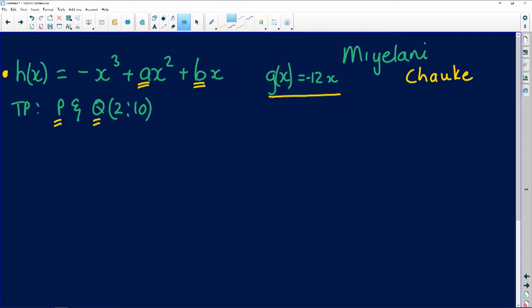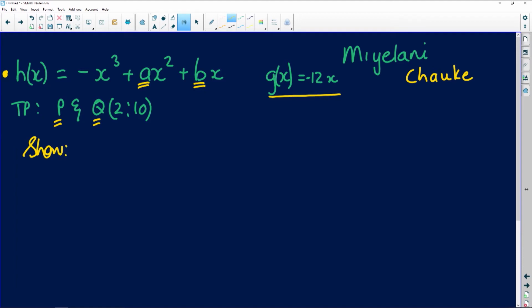Now the first part, and this is the beautiful part of this question, is they ask you to show that a is 3 over 2 and that b is equal to 6. Now, remember what I said earlier. They give you information that repeats.